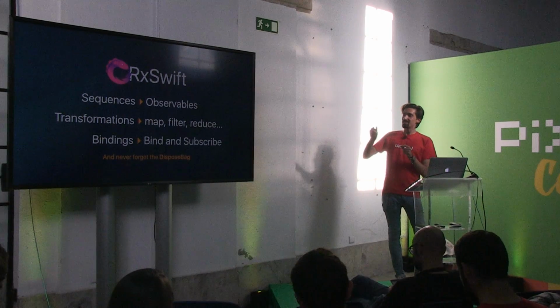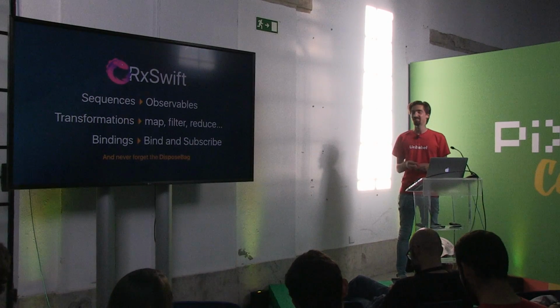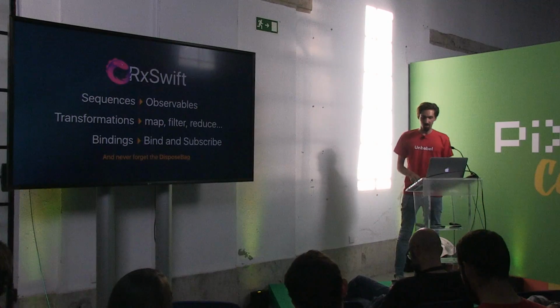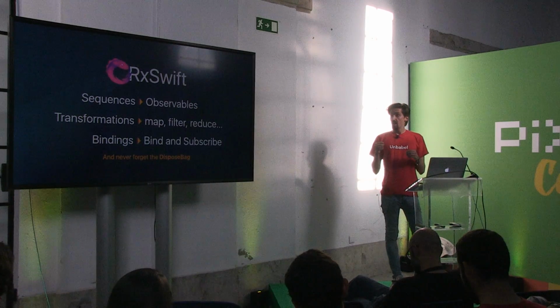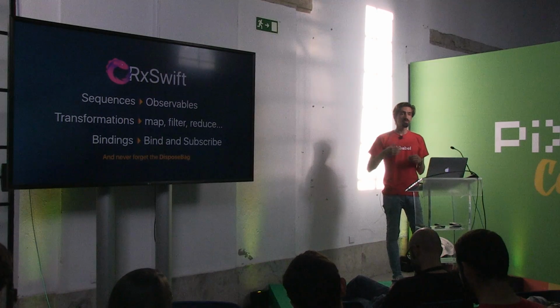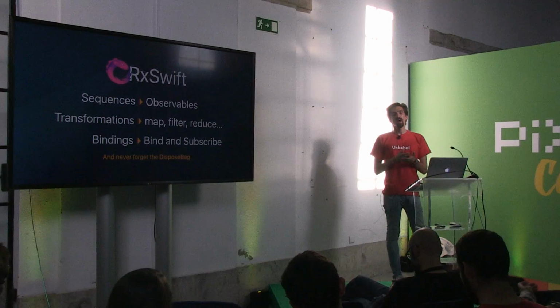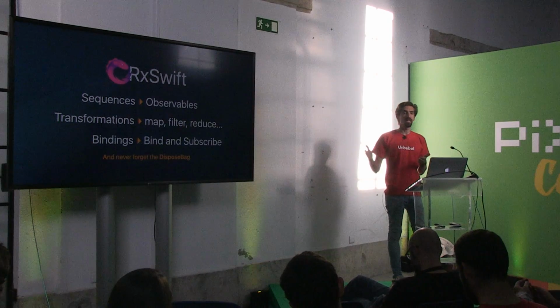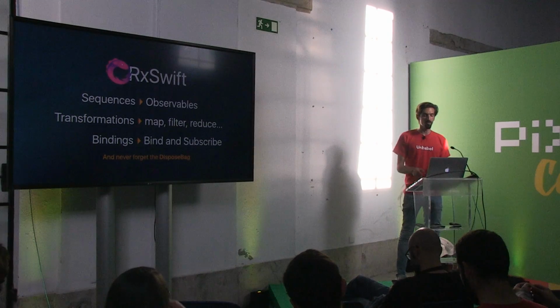The memory starts to go up, and then the users start uninstalling the apps, and that's no good. So basically, a dispose bag keeps track of all the subscriptions that have been made, and it guarantees that by the time the view controller is deallocated, it cleans all those objects from memory, so you don't have to worry about that.